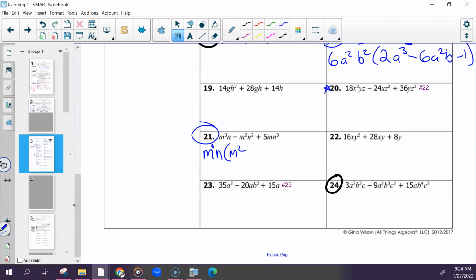The next one. Minus MN. Plus the 5 would still be there. M would not be there, but N squared would.